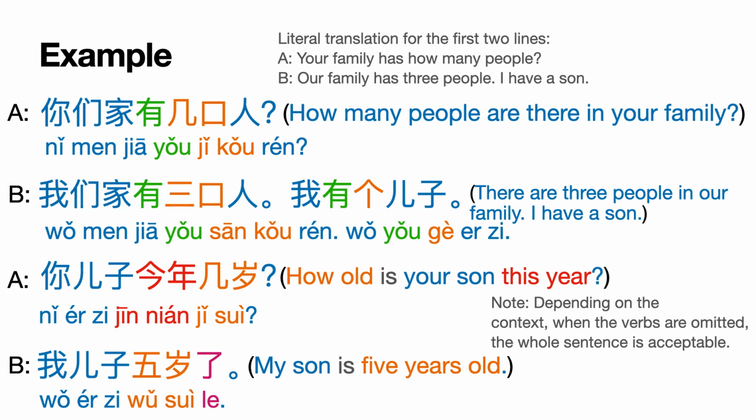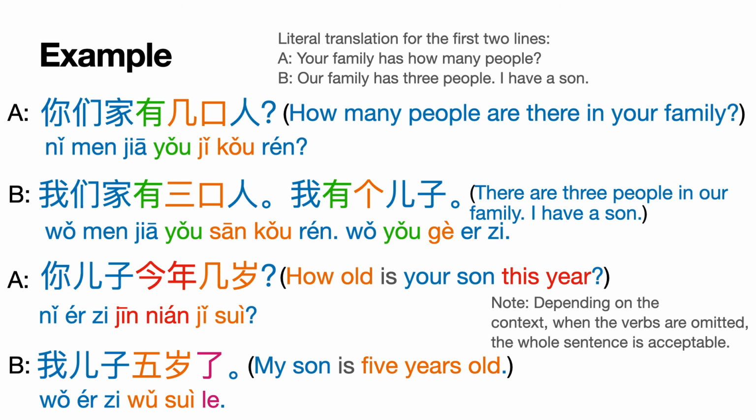You just need to get what you really want to ask, the context, and who you're asking right. All the nouns you put together without the verbs, it makes sense. For example, in this case, 我儿子5岁了. My son is 5 years old. 我儿子 my son, 5岁 5 years old, 了 already. My son is 5 years old.